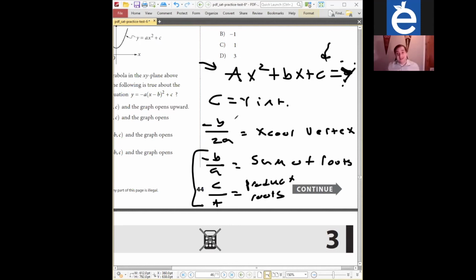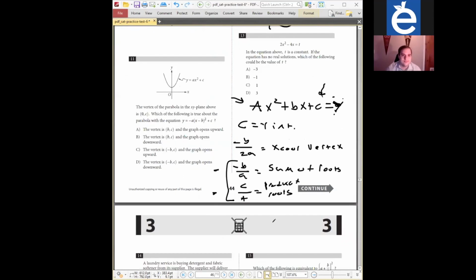It takes a lot longer, but you will get the right answer. If you can't remember which one's negative b over a and which one's c over a, please just factor them and do it that way. All right, great.